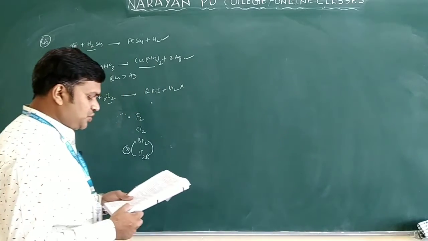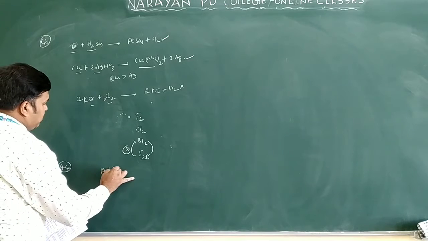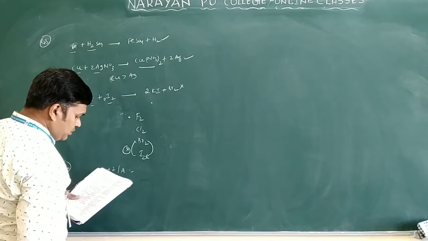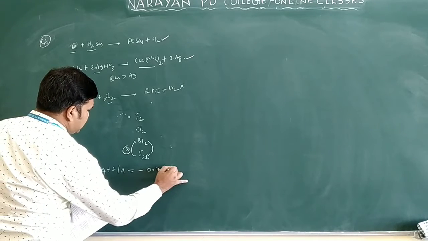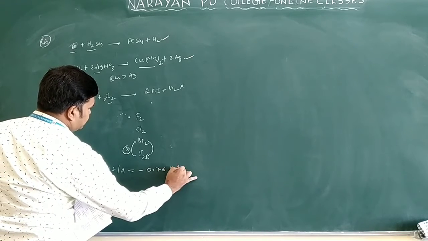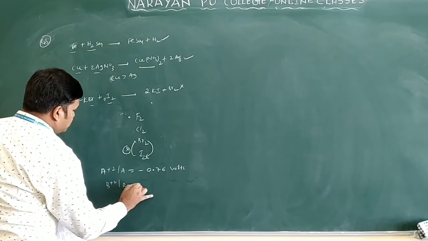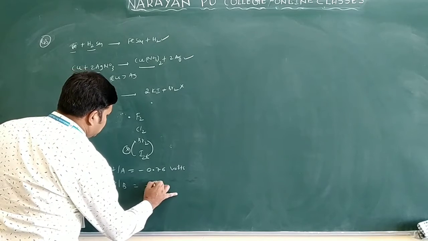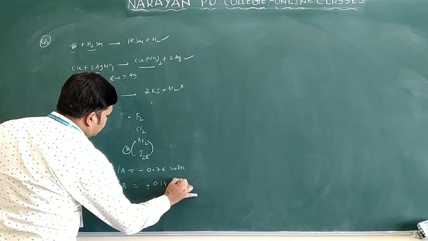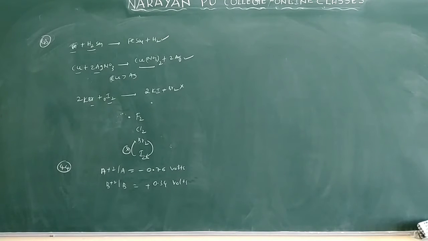I will first write the electrode potentials given: A2+/A is minus 0.76 volts, and B2+/B is plus 0.34 volts.